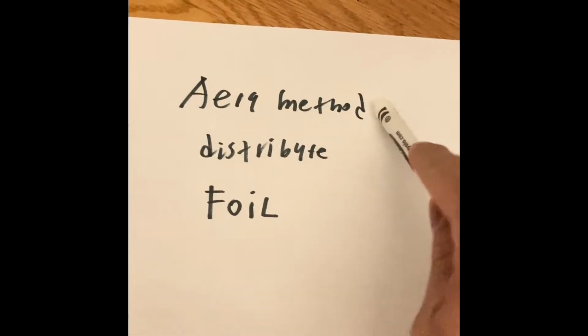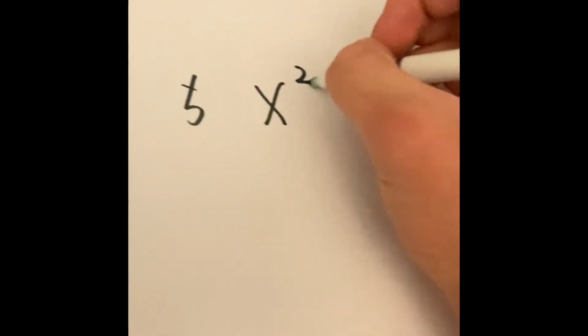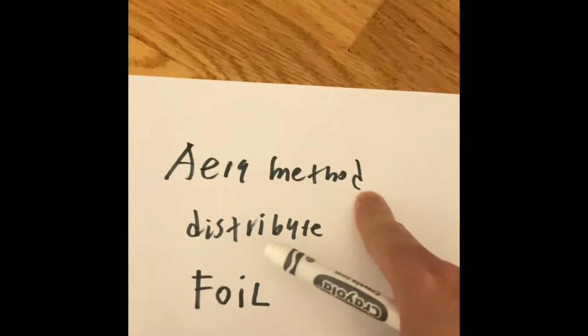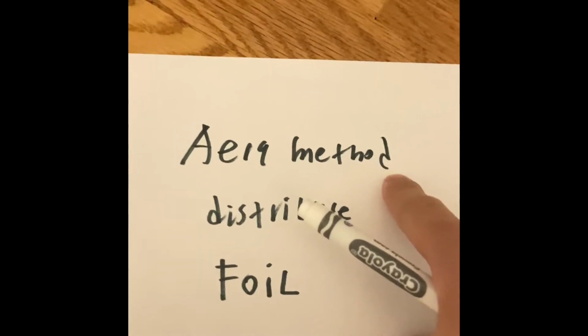The area method is very visual because when you're working with polynomials, you usually see variables, numbers, and variables with exponents. And when we hear the word area, there's a formula that we hear almost all the time that uses an exponent.